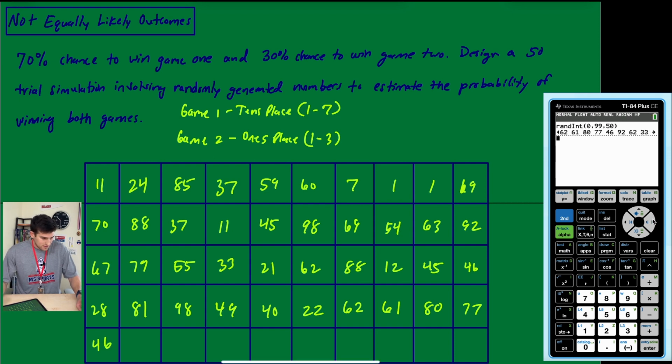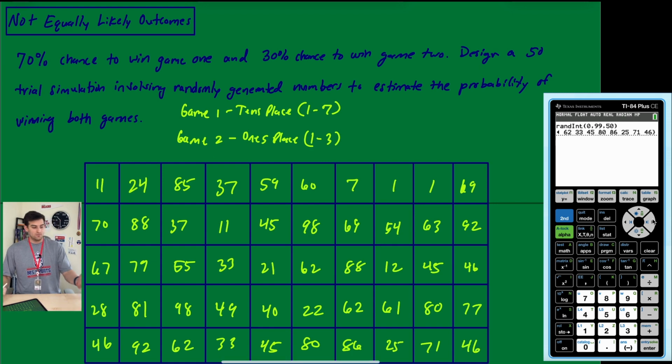Last nine here: 92, 62, 33, 45, 80, 86, 25, 71, and 46. Okay, so that's how we can use the calculator to randomly generate numbers.